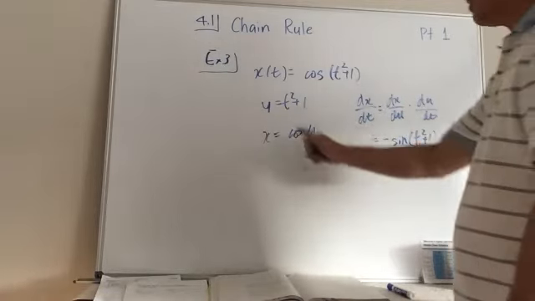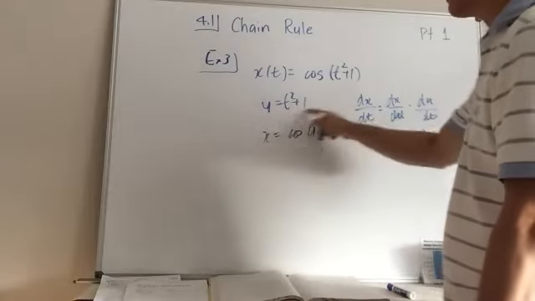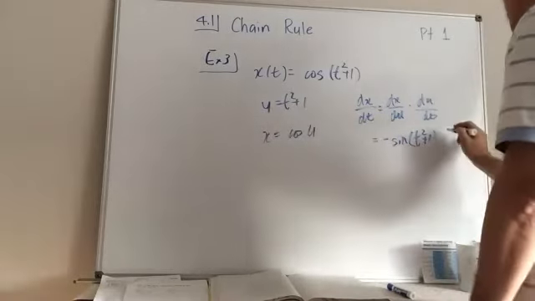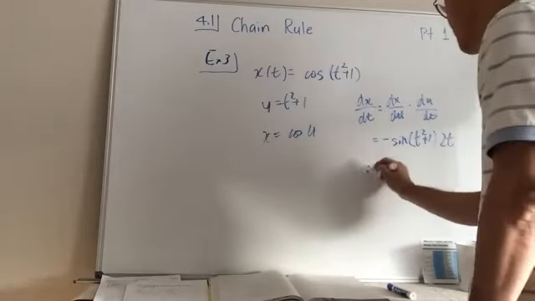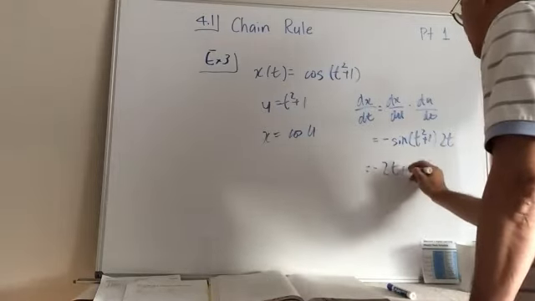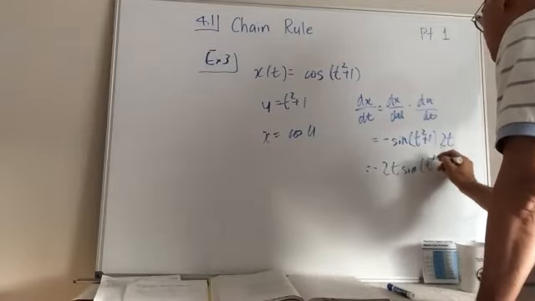For du/dt, I take the derivative of this with respect to t, so it's going to be 2t. So this ends up being negative 2t sine of t squared plus 1.